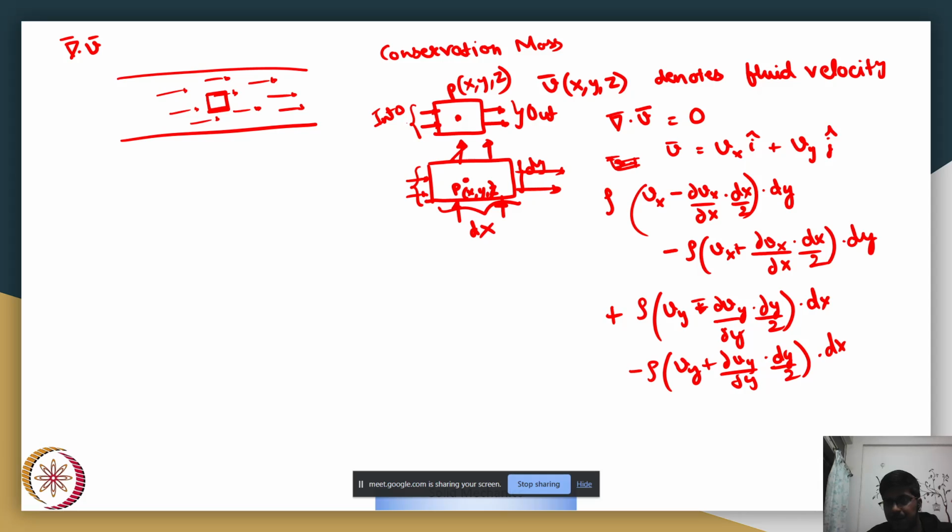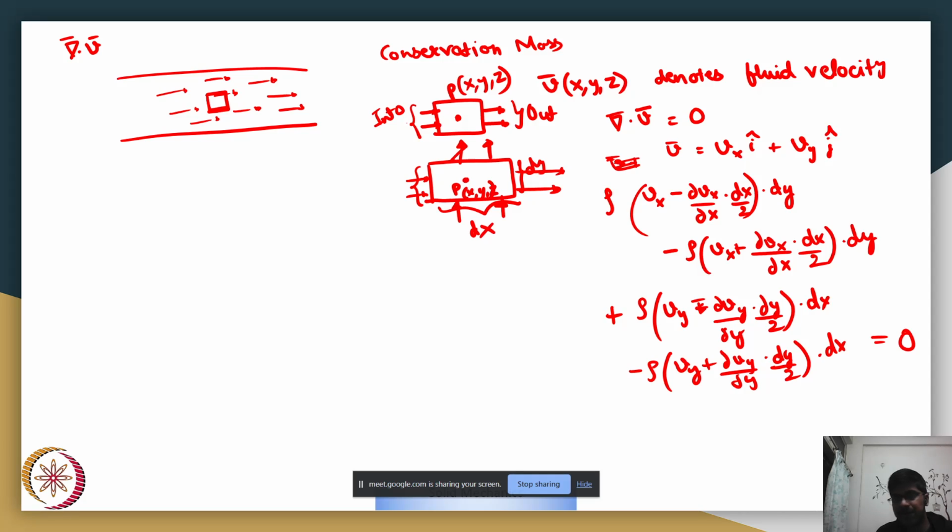So rho vy will cancel out, rho vx will cancel out, and this whole thing should be equal to 0, which essentially says that whatever fluid is coming in from the left and from the bottom should be equal to whatever fluid is exiting that small mass.